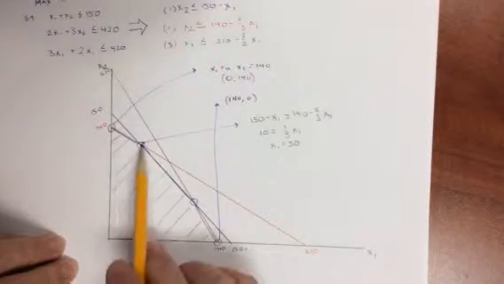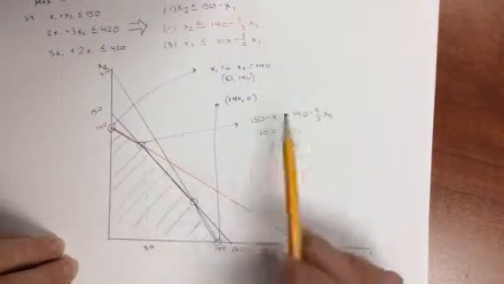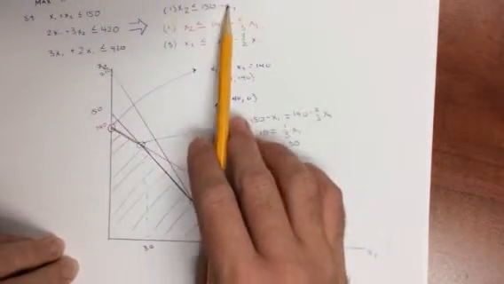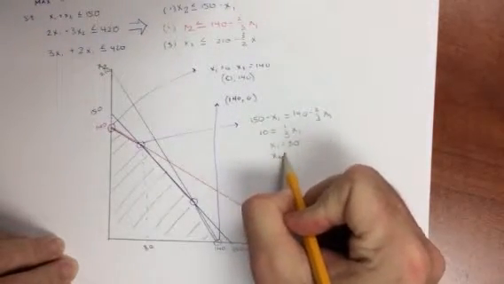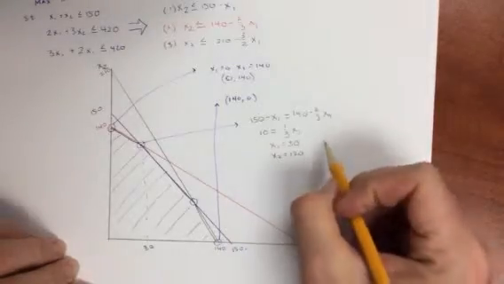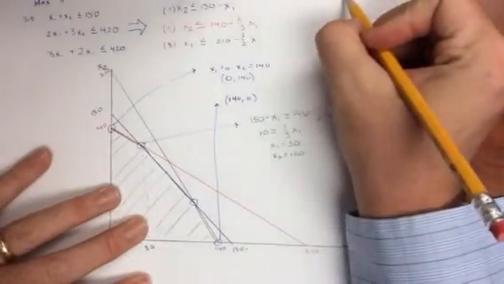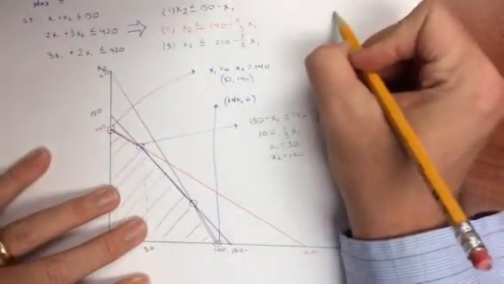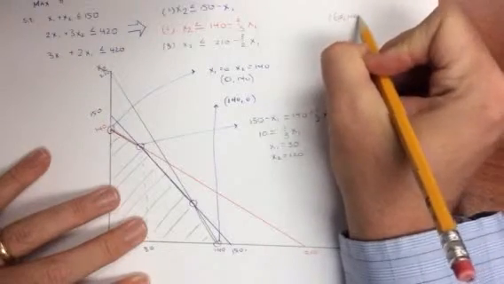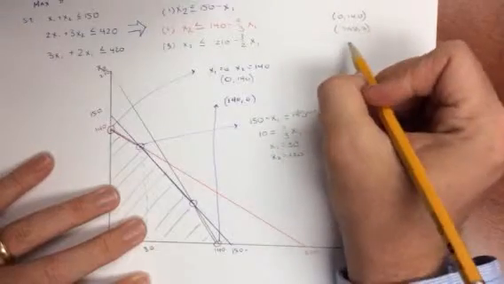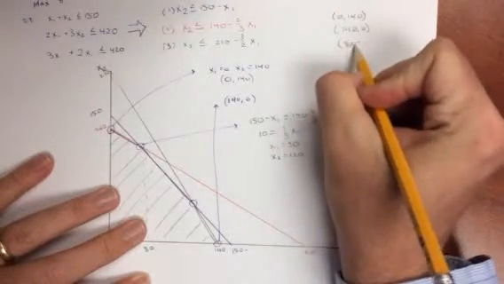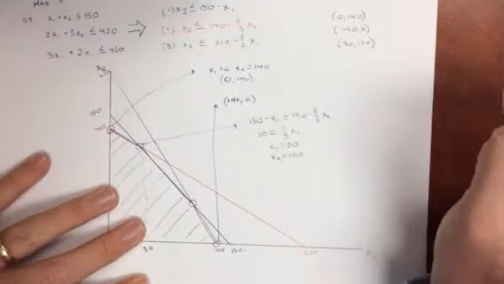We just plug it into the blue or the red line to find out x2. Well, the blue line's easy. Plug in 30 for x1, and 150 minus 30, x2 is 120. So another possible solution, let's write the possible solutions here. One is 0, 140. The other is 140, 0. Now we have 30, 120.